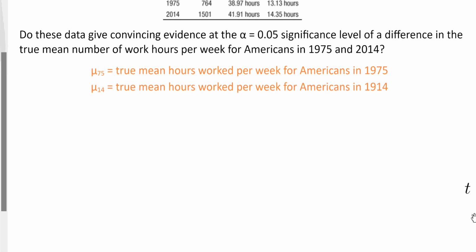So my hypotheses for these will be, we're just trying to see if there's a difference, right? So mu sub 75 equals mu sub 14, whereas our alternative would be that they're not equal.